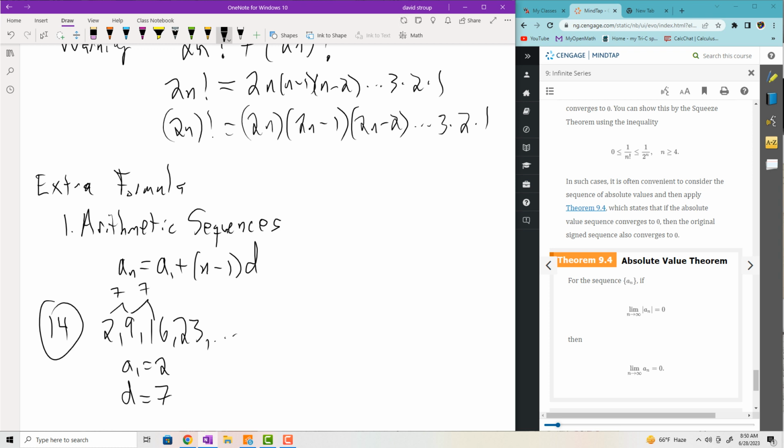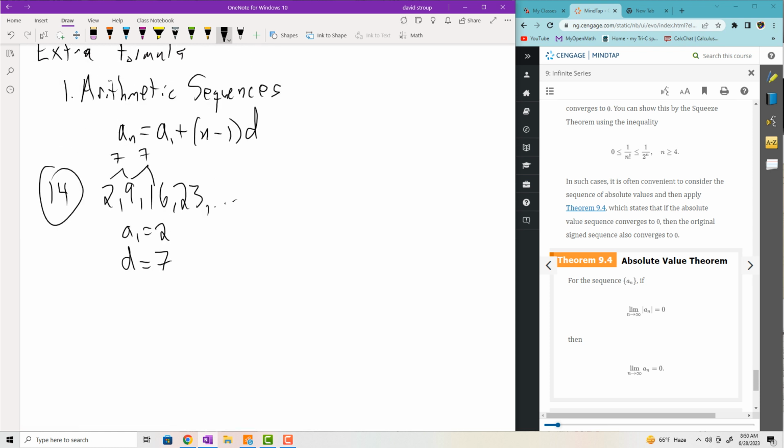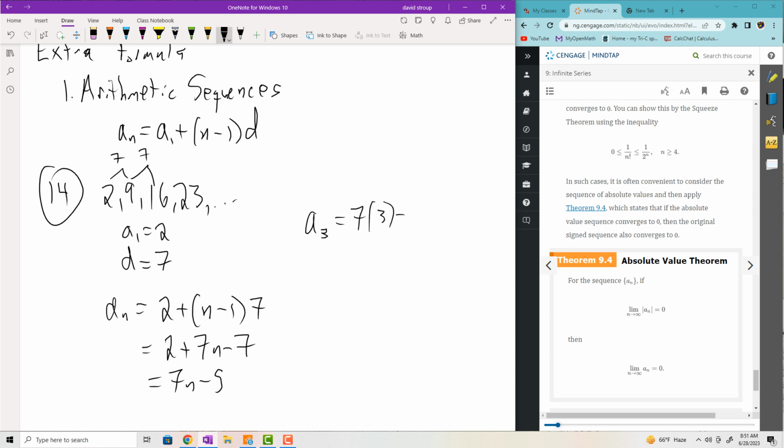So my formula will be a sub n equals 2 plus n minus 1 times 7, and then simplify it: 7n minus 5. Then you could use it to pick out a sub 3: 7 times 3 minus 5 is 21 minus 5, which is 16. And sure enough, there it is.